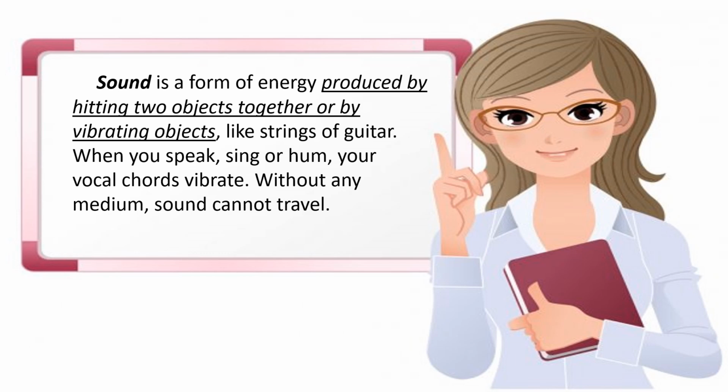Can you think of other objects that produces sound? Yes, we have musical instruments such as piano, violin, flute. Those are examples. What else? We have so many objects that can produce sounds, right? At home, we have appliances. What are those? We have television, radio. What else?